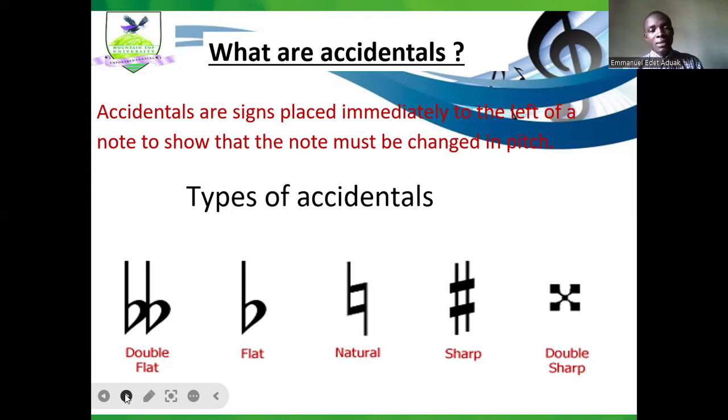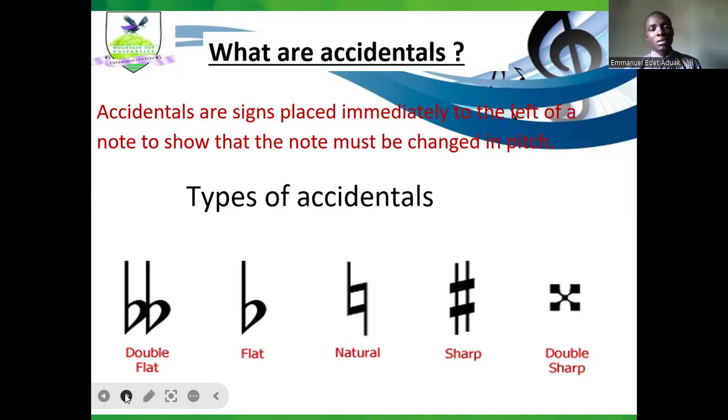And we have several examples. We have sharp, we have flat, we have natural, we have double sharp, we have the double flat. A sharp, for example, will raise a note by a semitone. When we say semitone, we mean a half step.